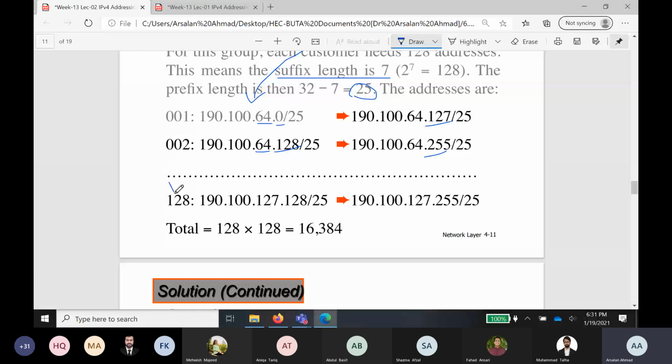So the 127th customer over here will be having something like 127.0/25 up until 127.127/25, right? ठीक है जी, एग्री कर रहे हैं ना सब? And then after that 127.128, and this is the total number of addresses. Total 128 customers, each requiring 128 addresses.